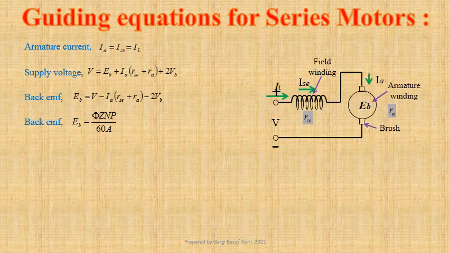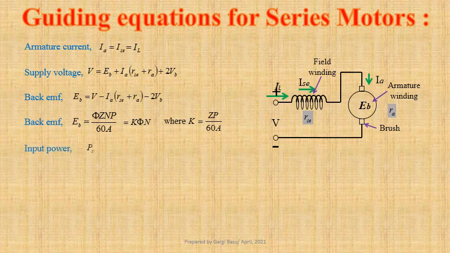Since for a particular machine Z, P and A are fixed, we can write EB equals K phi N, where K equals ZP divided by 60A.